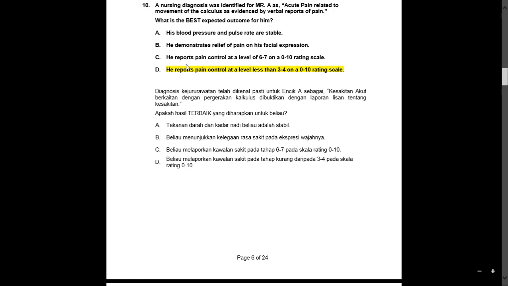So what about answer B? Answer B is he demonstrates relief of pain on his facial expression. So why is it wrong?